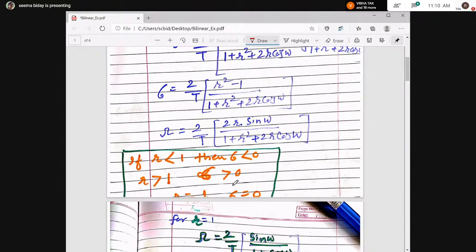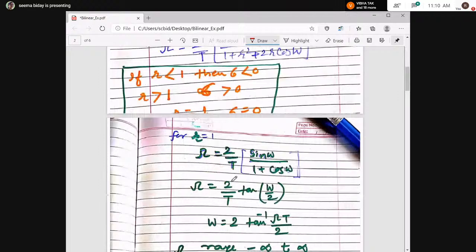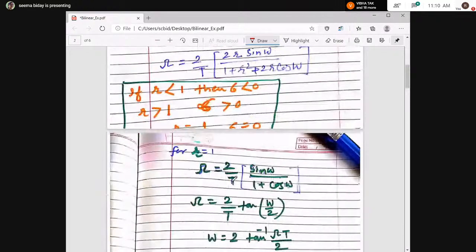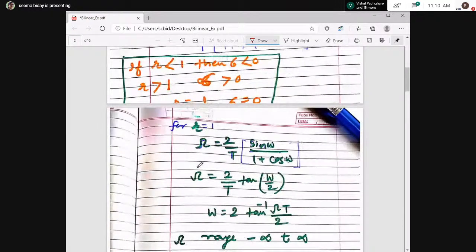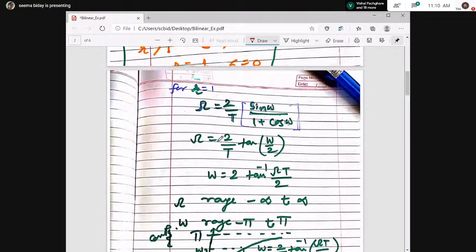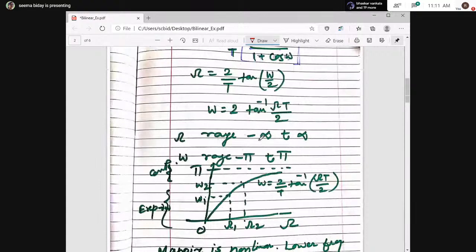Yesterday I showed you. Now for r equal to 1, we can write omega equal to 2 by T sin omega divided by 1 plus cos omega. Simply substituting r equal to 1, you will get this equation. Further, you can simplify this.